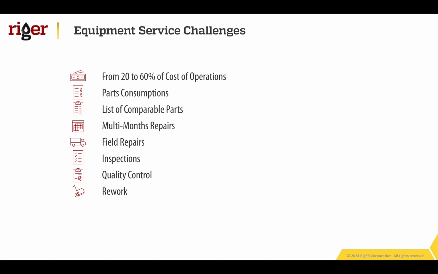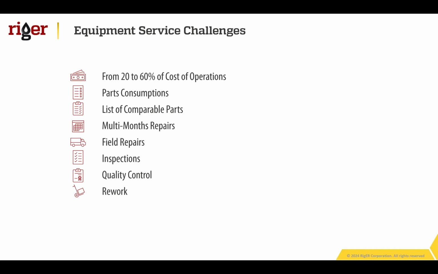Another thing is a list of comparable parts. When you build the repair card, you need to see if this part is comparable with this item or not. Another challenge which we faced is multi-month repairs, long-time repairs of a couple of months, and we need to track this as well.